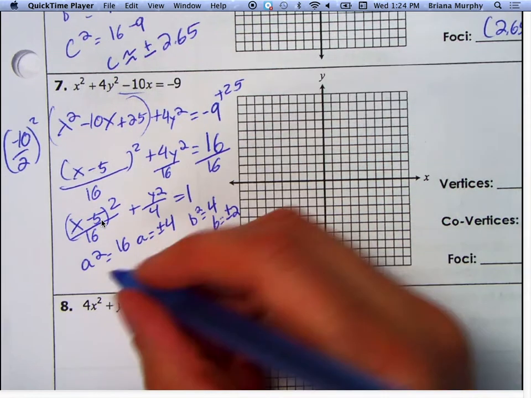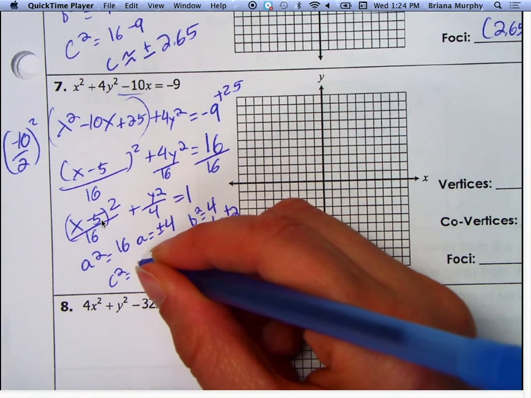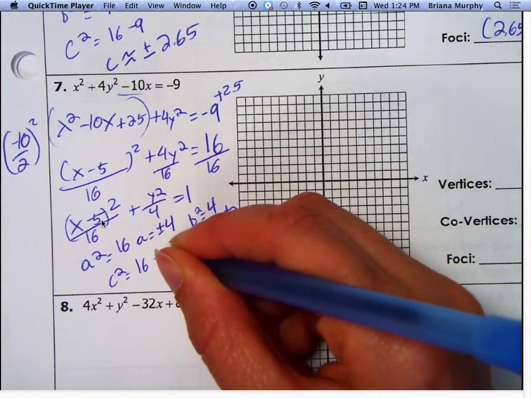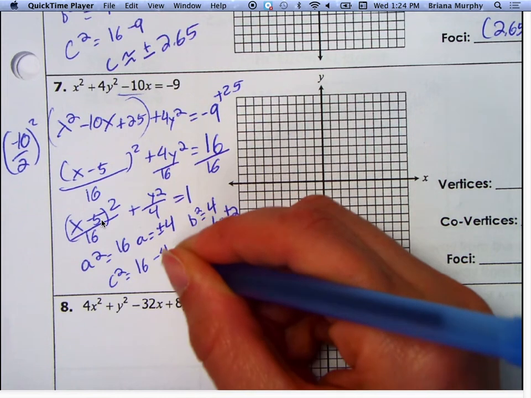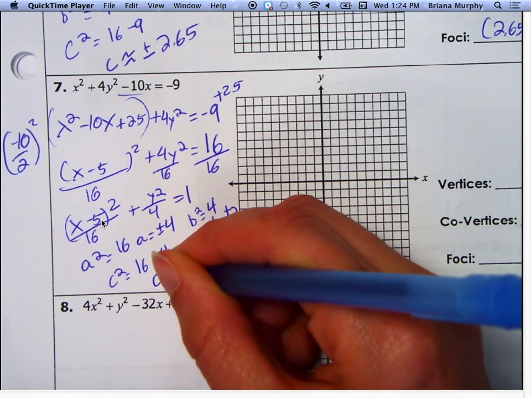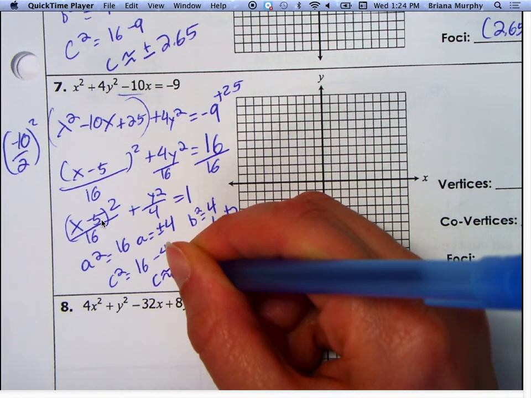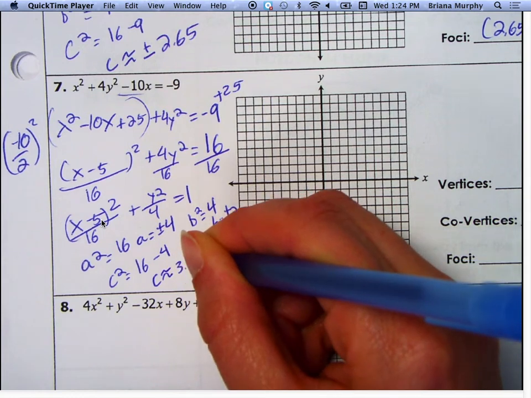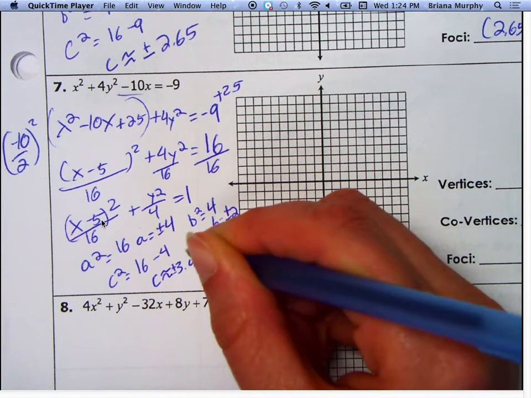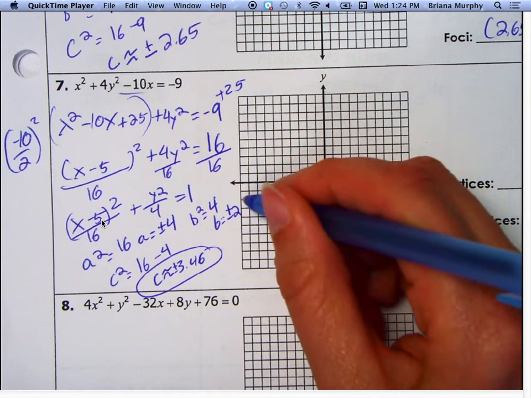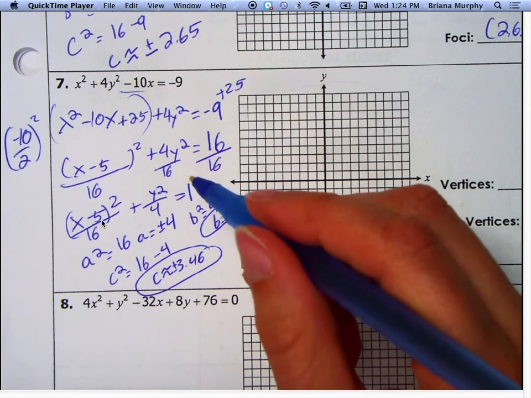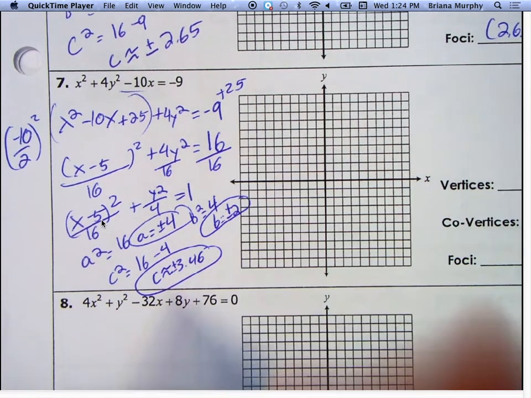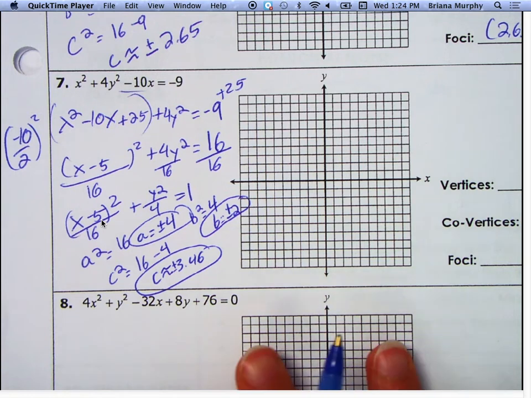I say c squared equals 16 minus 4. So c is approximately plus or minus 3.46. All right, what is the center?